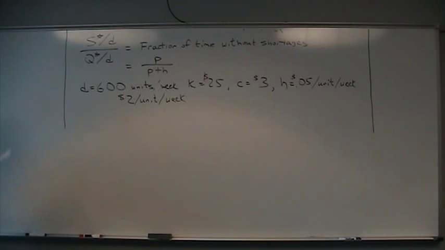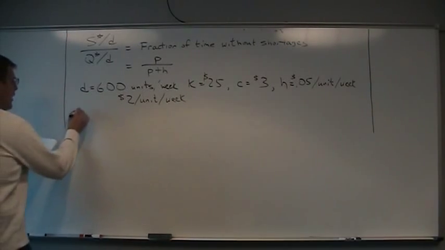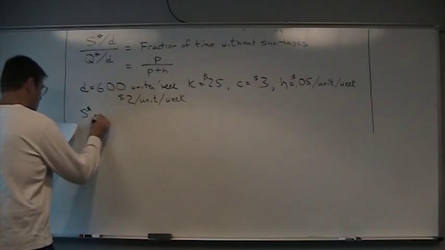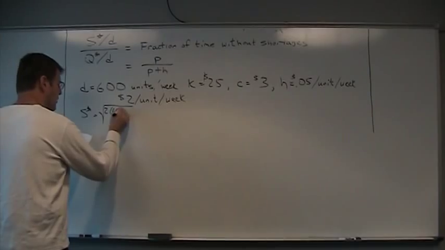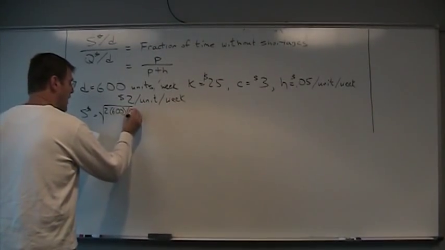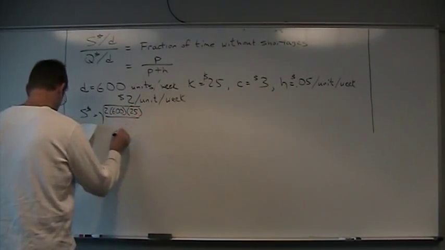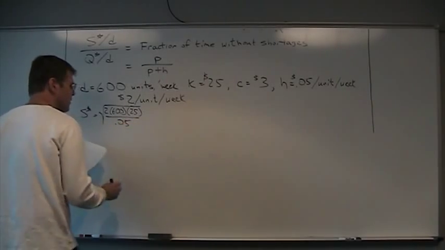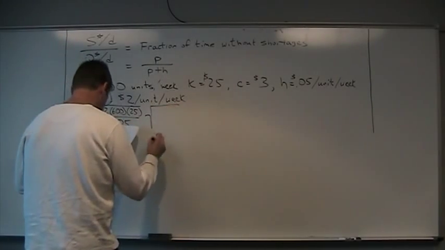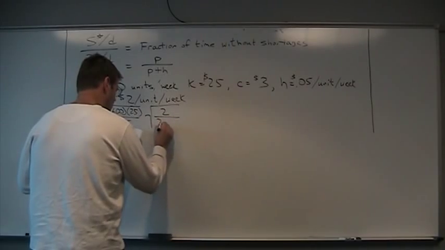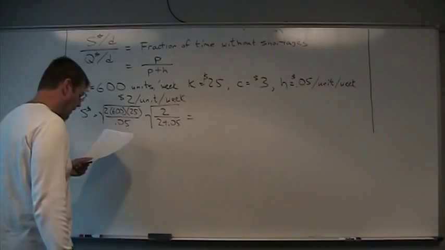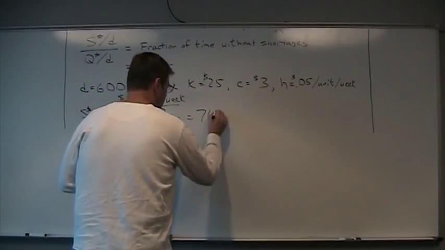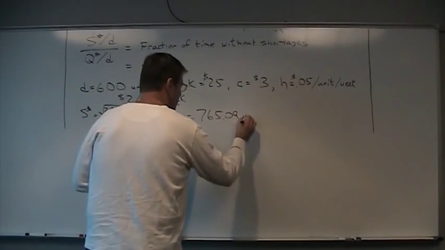So again here, if we do our plug and chug, S star works out to be the square root of 2 times 600 times 25 divided by 0.05 times the square root of 2 divided by 2 plus 0.05, and that works out to be 765.09 units.